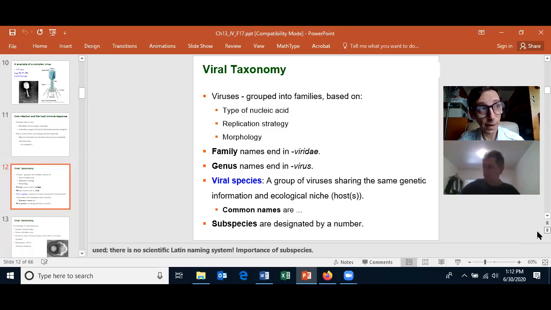The reason is that viruses have a very small genome, and their genome evolves quickly to the host cell that they're infecting. And so we just don't know the evolutionary history of viruses. So most of them are not grouped above families, although, like I said, there are a few that have orders.